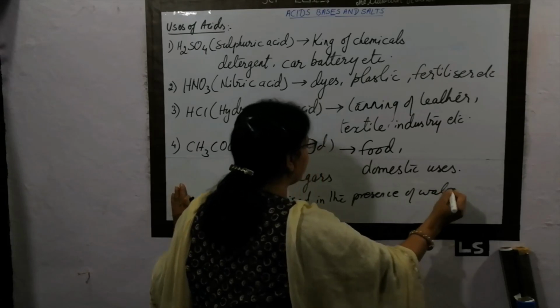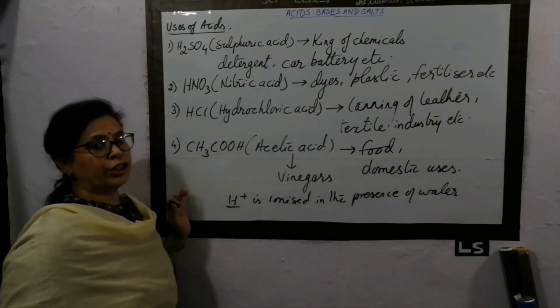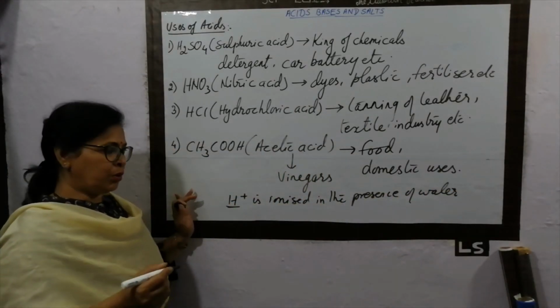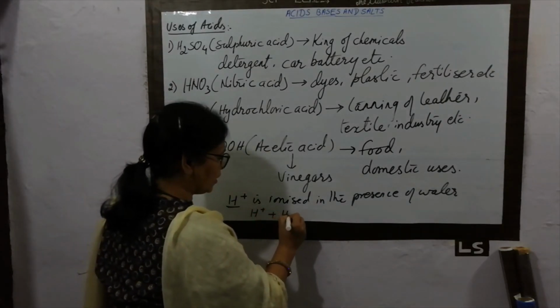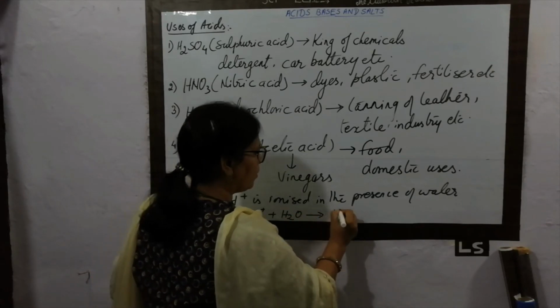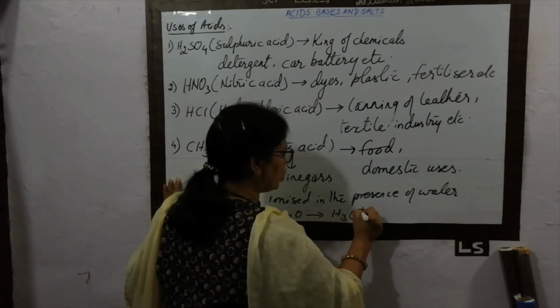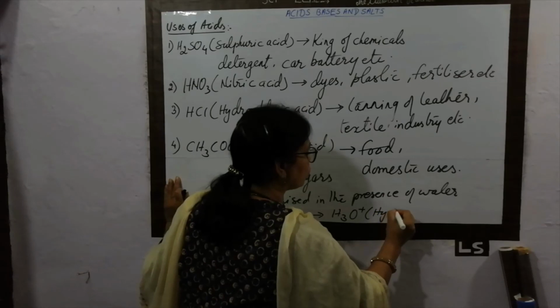In the absence of water, H plus ion does not dissociate. So we are able to write an equation, that is this H plus combines with water, H2O, and when it combines with water it forms H3O plus, and this is called hydronium ion.